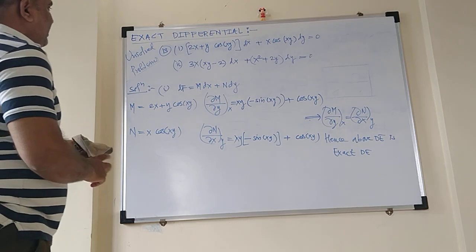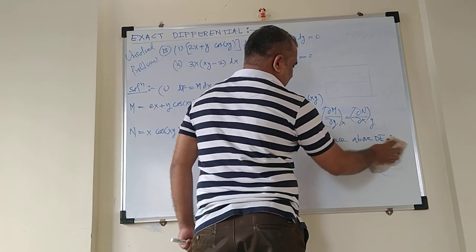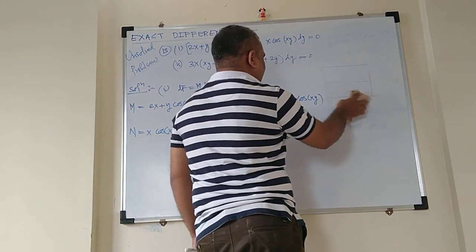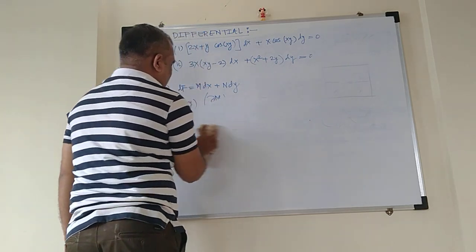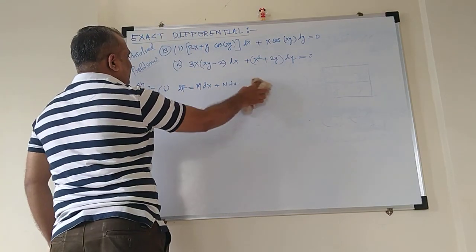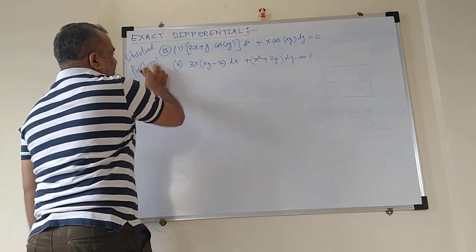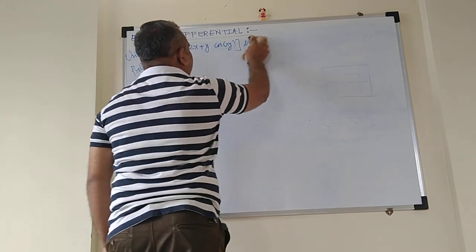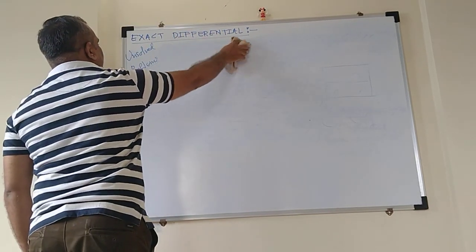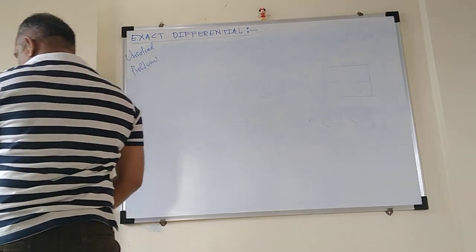Got it? Now let's move to the next problem. Problem number 14, and I think 14 and 15 both are based on the exact differential equation. Problem number 14, unsolved problem.